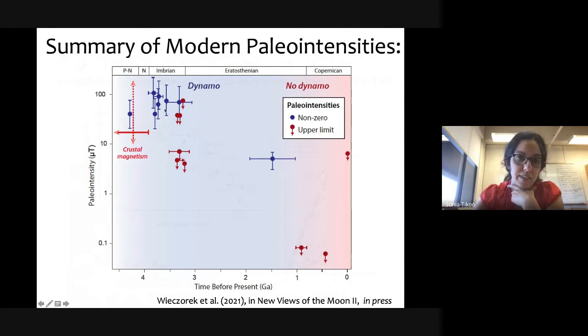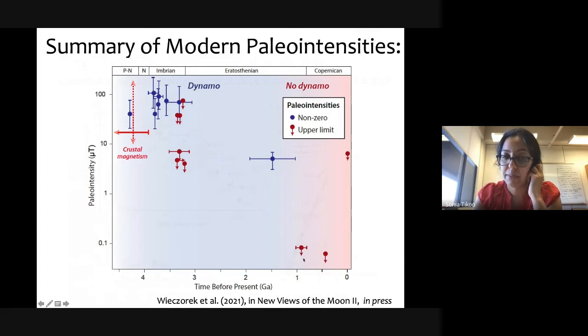We have early evidence for a strong dynamo, again, early in lunar history. There's evidence that the dynamo field declined in intensity by about 3.2 billion years ago. We have this one sample that shows a dynamo record around 1.3 billion years ago. And more recently than my work, there was a paper out of MIT that measured 2 younger regolith breccias that were similar in lithology to this rock, but they were not magnetized.